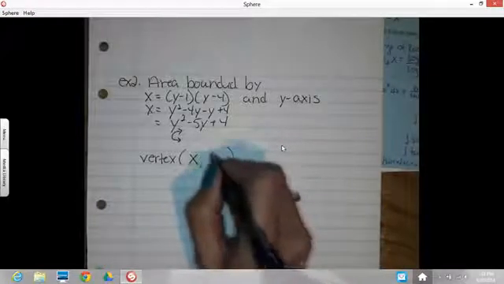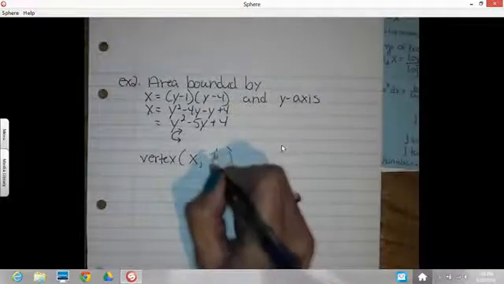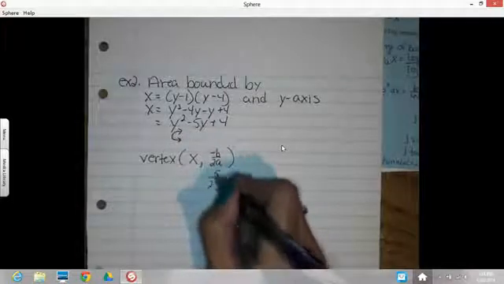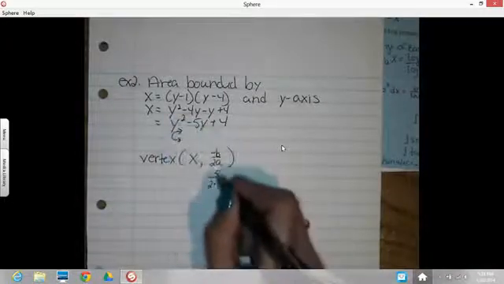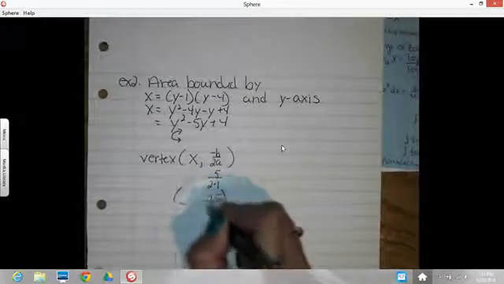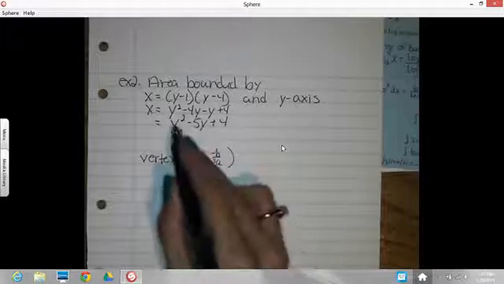So the opposite of the b is a positive 5. 2 times the a is a 1. So 5 divided by 2 is 2.5. If I plug 2.5 back in here, work that all out, you will get a negative 2.25.